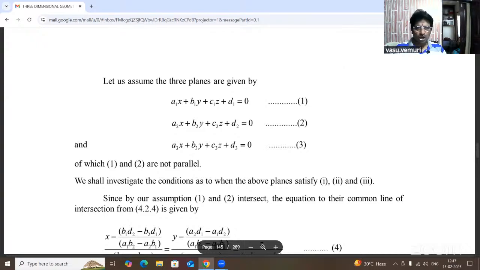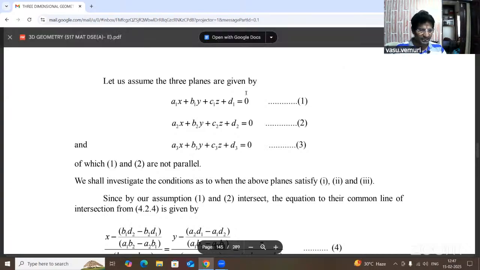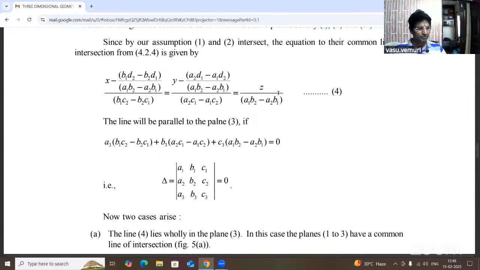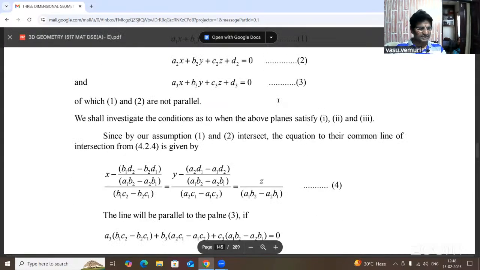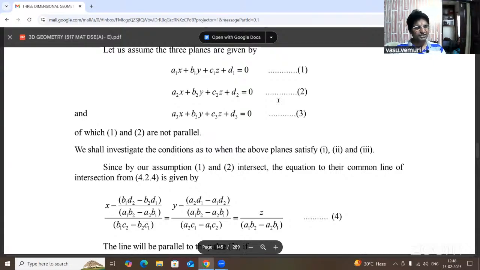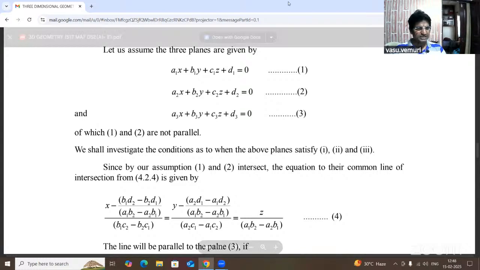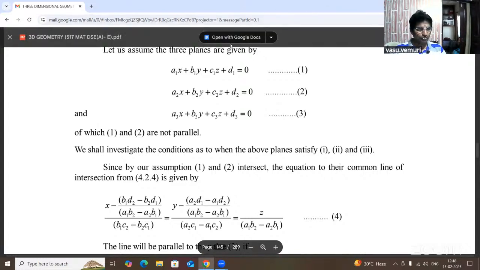Just you have to see the first equation, second equation, and third equation. From the first and second equations, both intersect. To find the values of x1, y1, z1, suppose z1 equal to 0. Now we are getting b1, d1, a1, b1, b2, d2, a2, b2. So you have to find the x1, y1, z1 point.